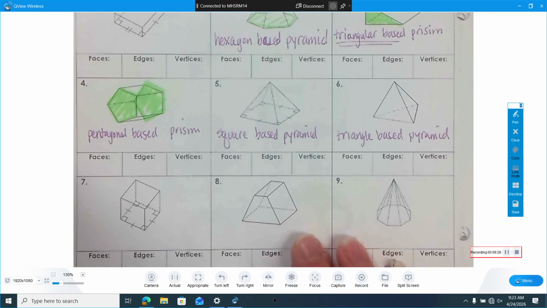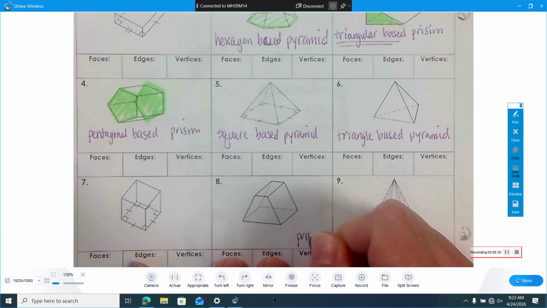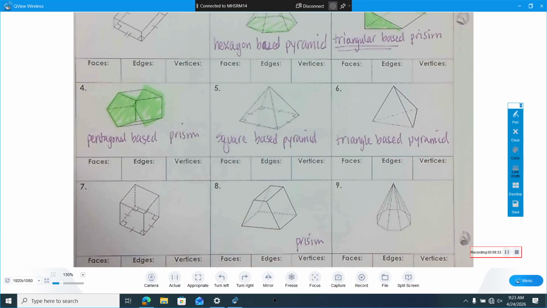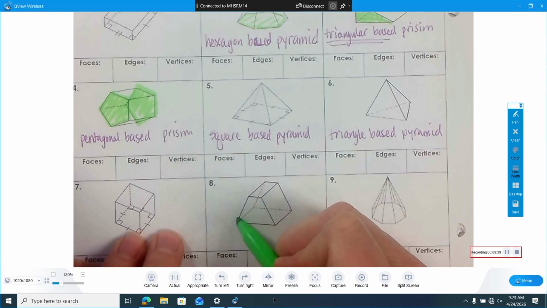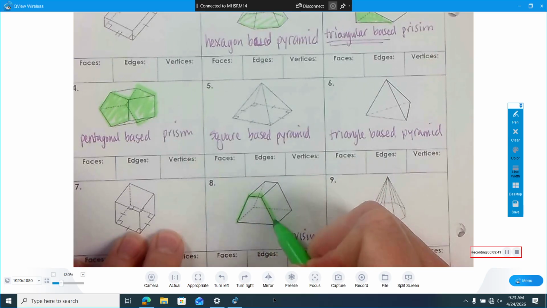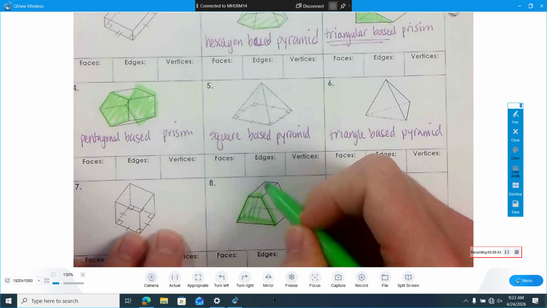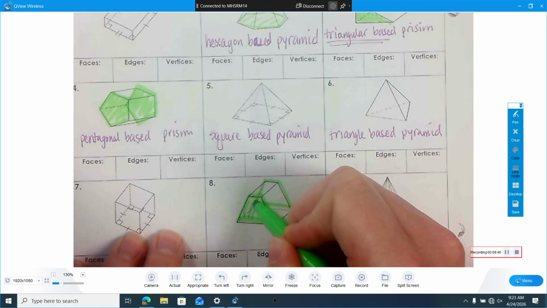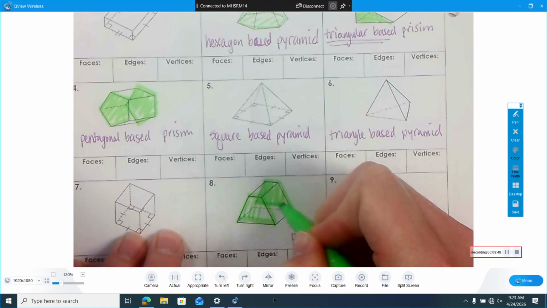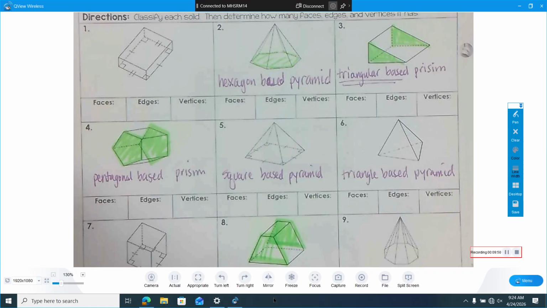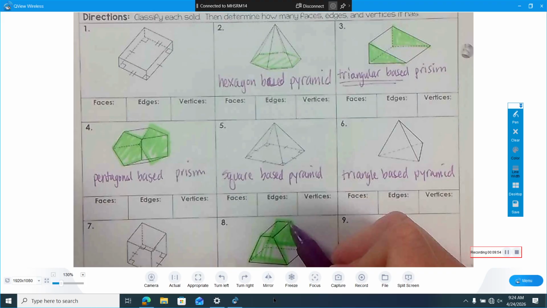Pyramid or prism? Prism, good. And what are the bases? Trapezoids, very good. Yeah, so a prism has 2 bases that match, 2 congruent bases, and it's really important to identify those 2 bases. And then you should also recognize that connecting the bases are all rectangles.